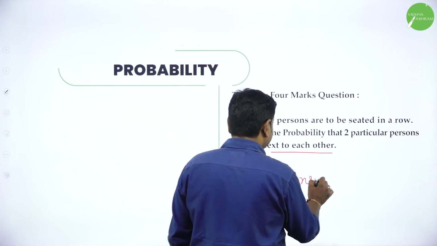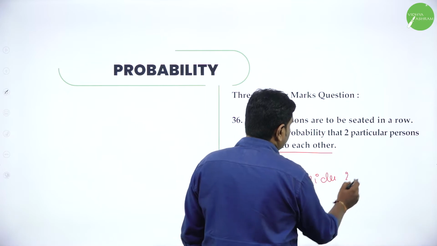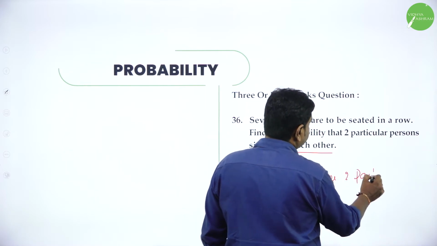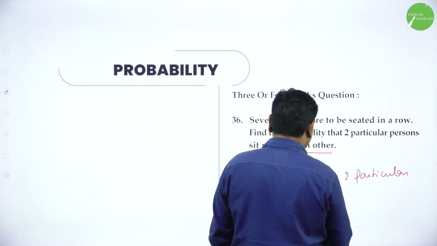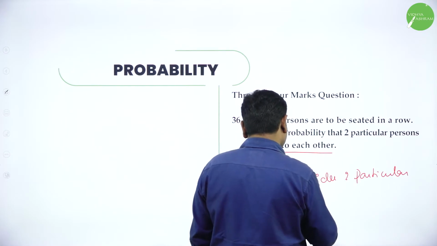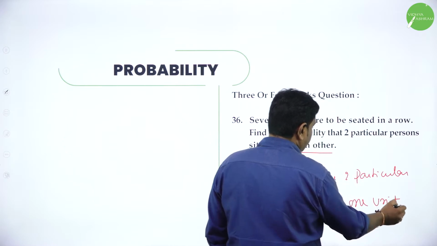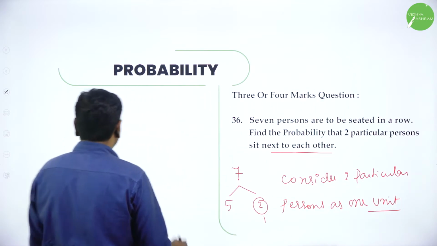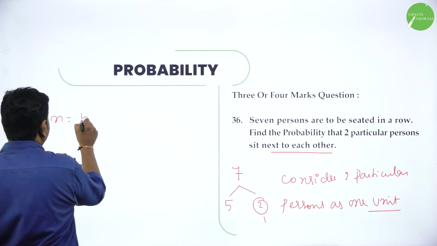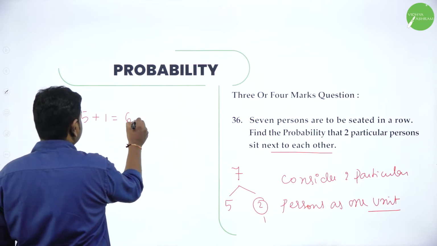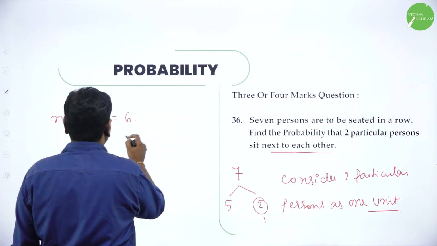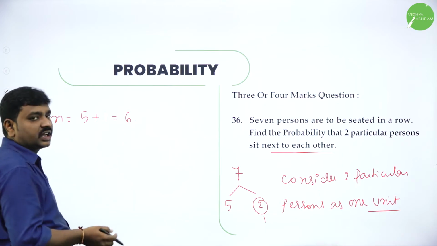Consider 2 particular persons as one unit or one person. So now n is equal to 5 plus 1 is equal to what? 6.